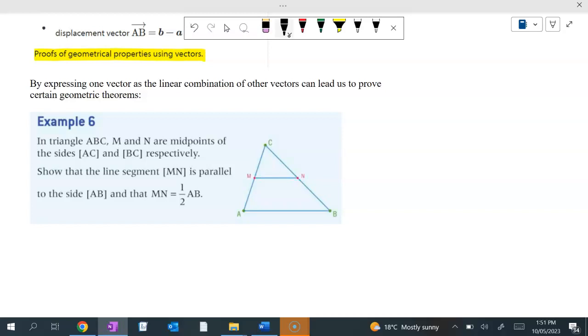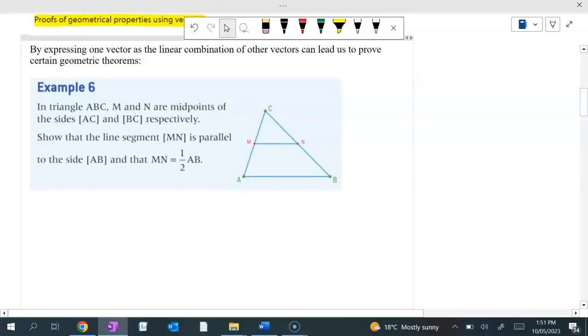And also, we use the idea that two vectors are parallel if one can be written as a multiple of the other, just the other multiplied by a particular number. So, let's have a look at how we might do this.